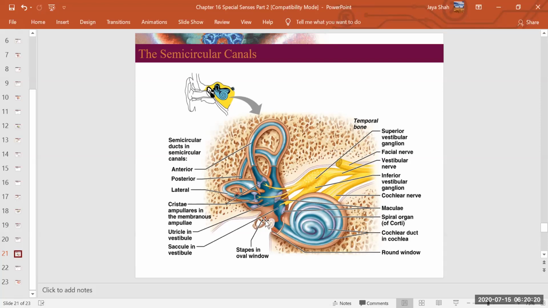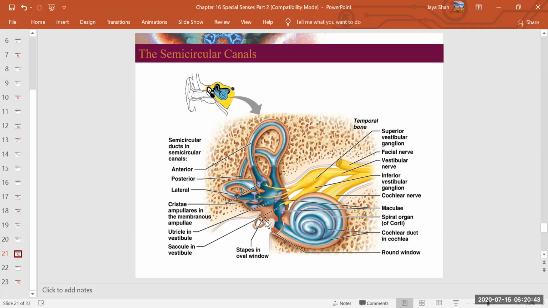These two are responsible for horizontal or static balance. When you are running and you decelerate, this is the organ that senses the balance of your body. When you are climbing and then you fall down, this is the organ.